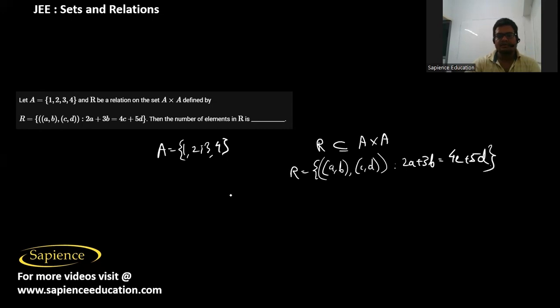So it means that (a, b) is related to (c, d) only if this condition is satisfied.